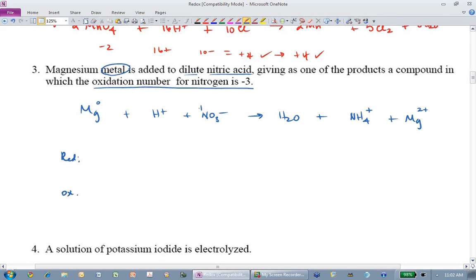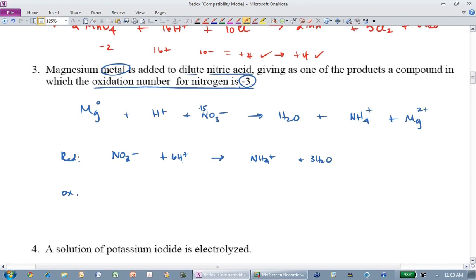Well, clearly over here, this is a +5 nitrogen, so that's a big reduction, down to a -3, which they told us. So I would start with the NO3 minus going to NH4 plus, and we've got to get 3 waters over here to get those oxygens balanced, and that's going to force 6 H pluses right there.